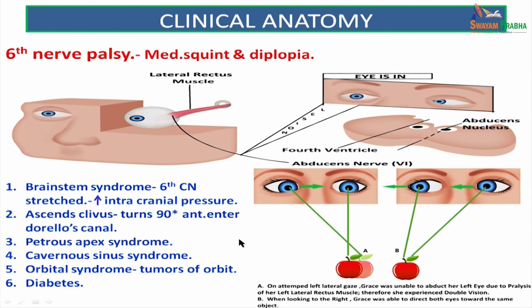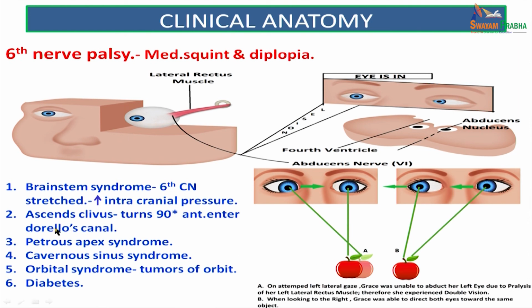And this sixth nerve palsy can be due to brainstem syndrome. That is, during the intracranial pressure increase, there is a shift in the brainstem which causes pressure over the sixth cranial nerve against the tentorium cerebelli.